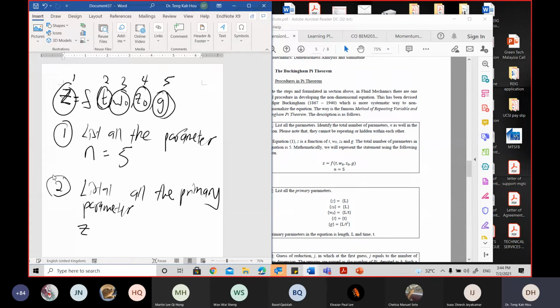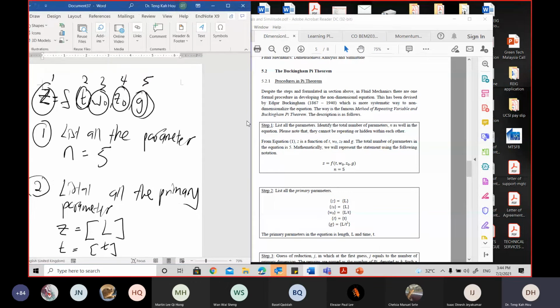So you have z, which refers to L, and t, which refers to time. And then you have w0 and g. List down everything to present the main parameters we have.